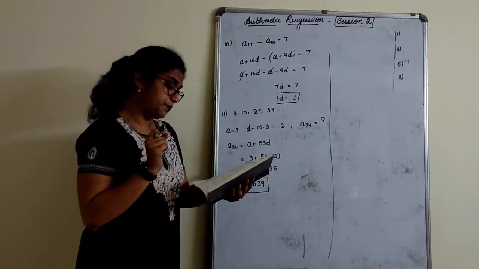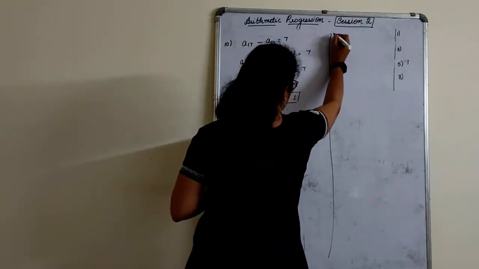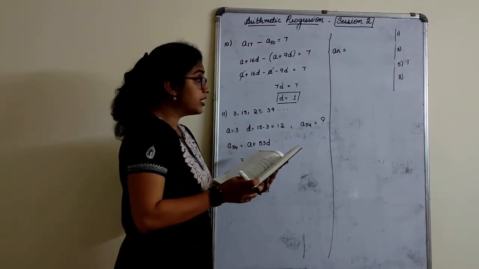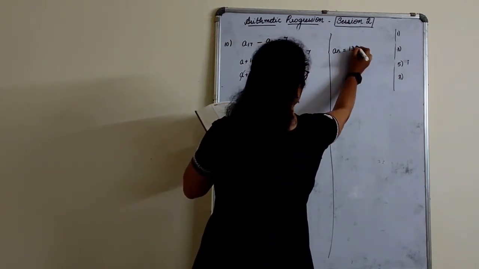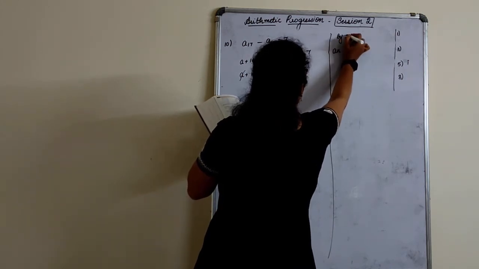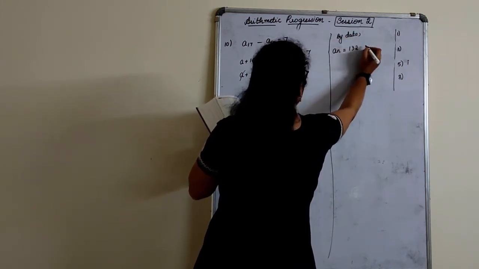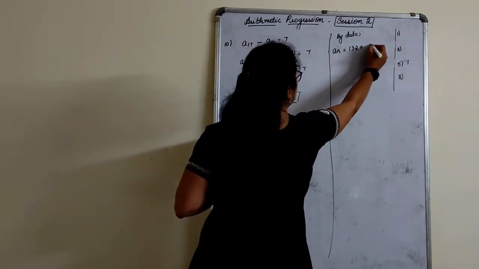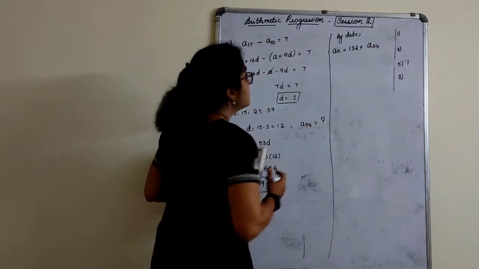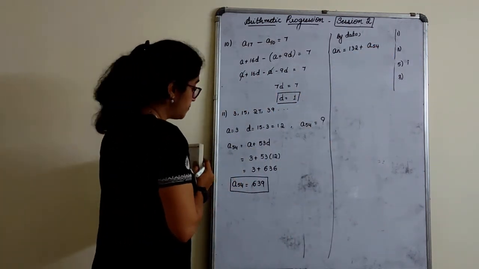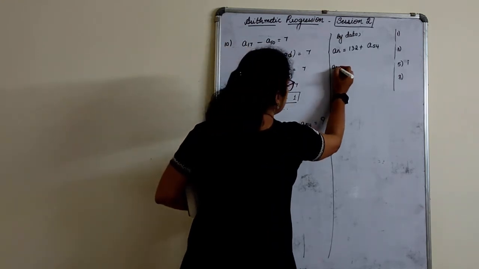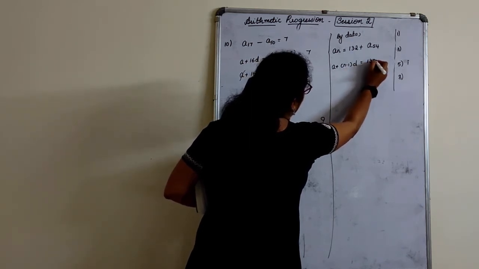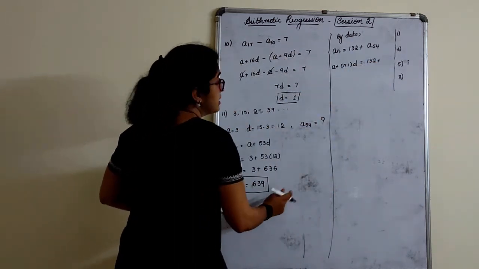Now let's read the question again, right? Which term of the AP will be 132 more than its 54th term, A54? Right? Did we arrive right at the question? Let's substitute. What is An? A plus n minus 1 of d is equal to 132 plus 639.